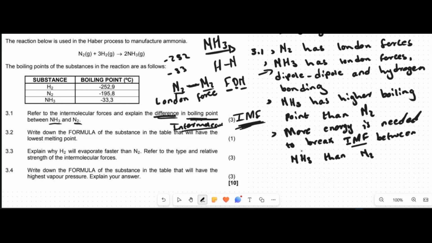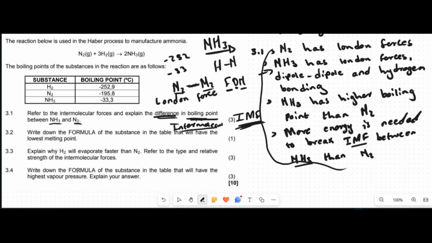So: more energy is needed to break intermolecular forces between ammonia than nitrogen gas. Then you are fine. You get your 3 marks. I don't know how they will allocate the marks, but you can get 3 marks for that. This is just in case maybe the question is 4 marks. You are fine in that way.